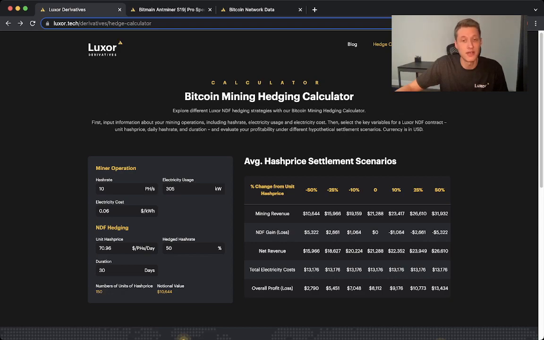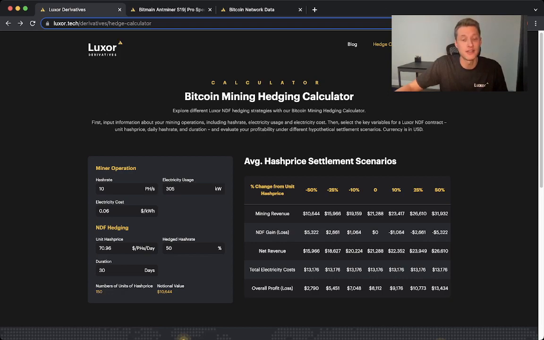It now takes into account the unhedged revenue plus our NDF gain or loss, and you can see that in this third line here. Electricity costs are the same, they are unchanged, and you can see at the bottom how these overall profit loss numbers have changed now that we've decided to hedge our operations. The observation to make here is that on both sides, the up scenario and the down scenario, the miner's profile is changed.